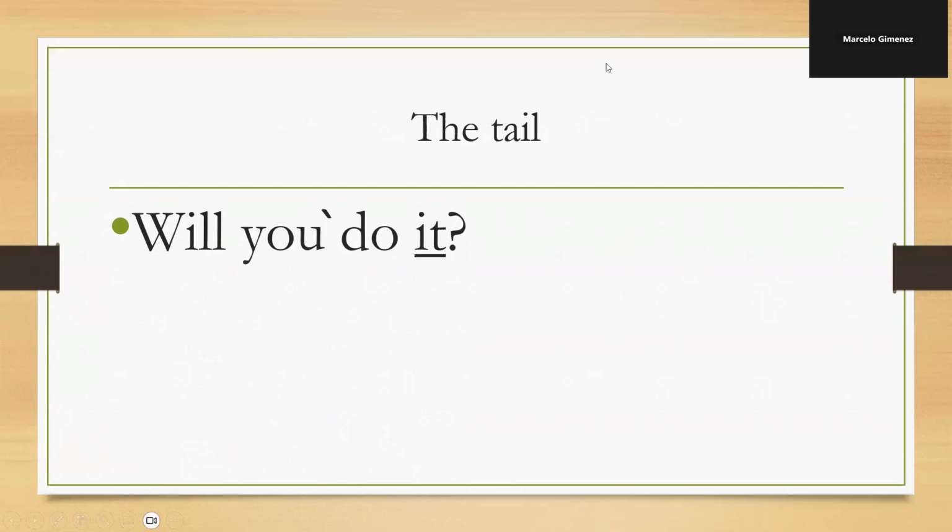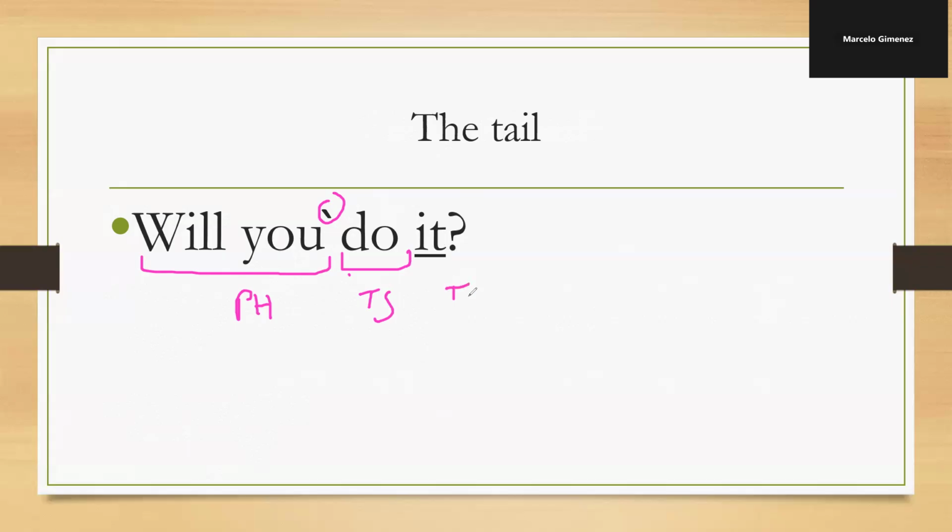"Would you do it?" In here, we are looking at the tonic syllable, "do," with a fall. These two syllables, which are non-prominent, are part of the prehead. And this pronoun alone, taking place after the tonic syllable, is the tail.